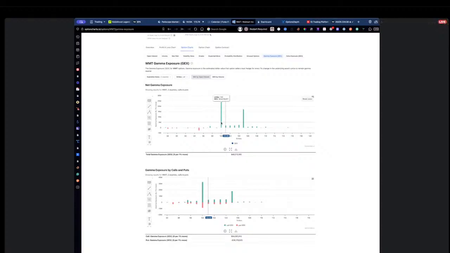So if you took, for example, what do we have available? What date is it today? The 13th. This is not a ticker I often trade.